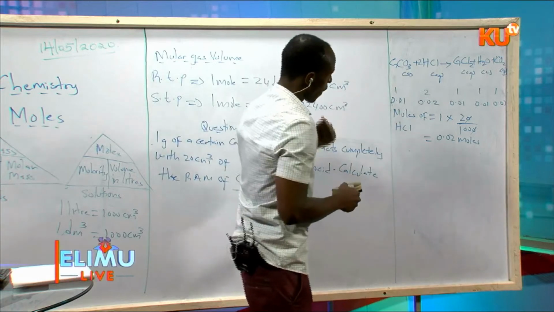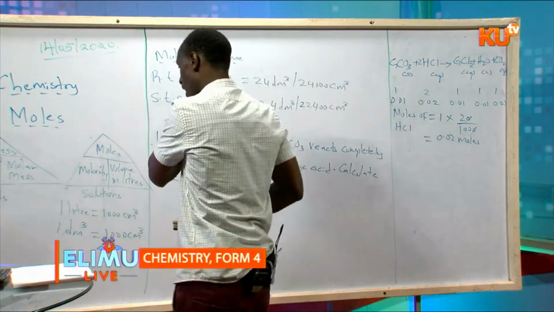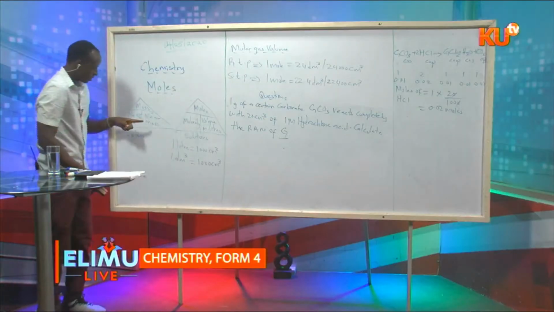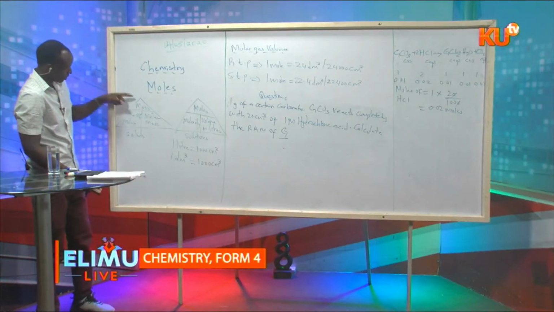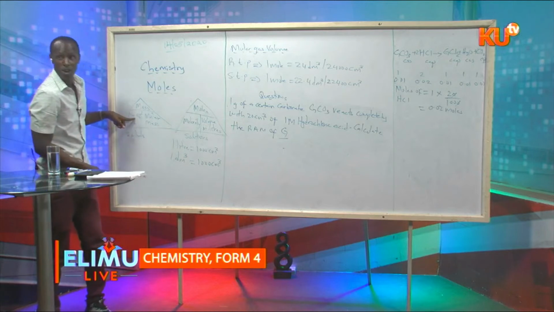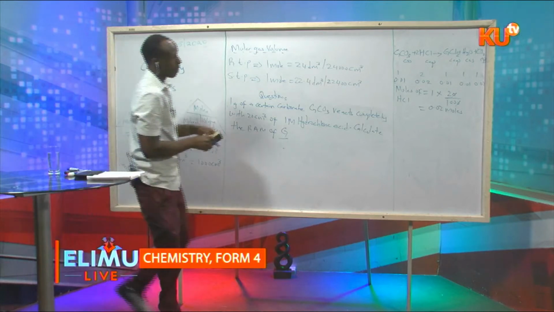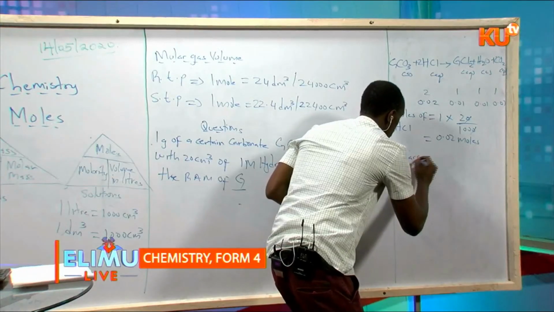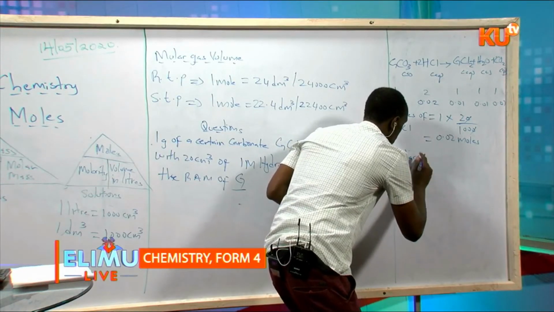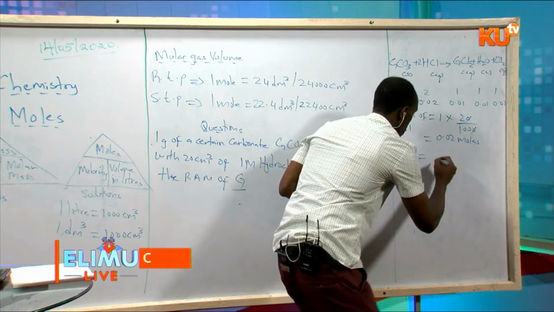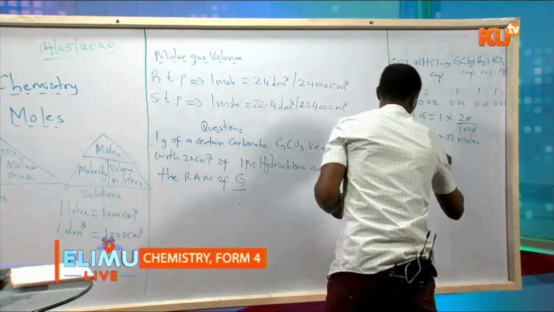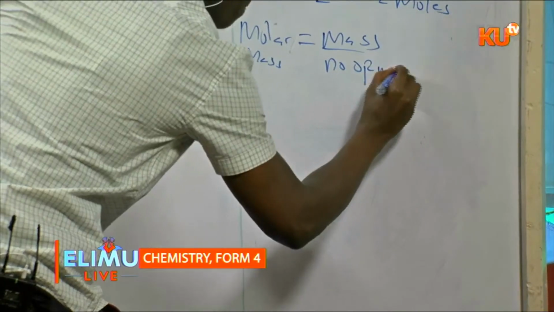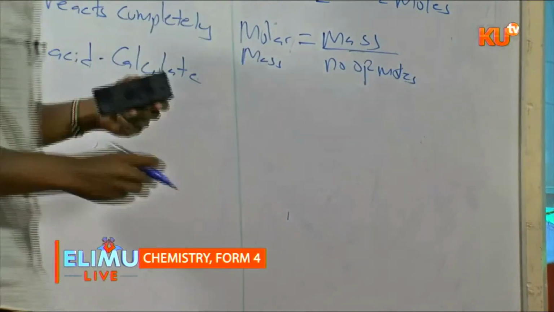So RAM, what is RAM? RAM is molar mass. Molar mass is the mass of a number of moles. RAM is the same as molar mass. So molar mass equals mass over number of moles. Were you given the mass of G carbonate?